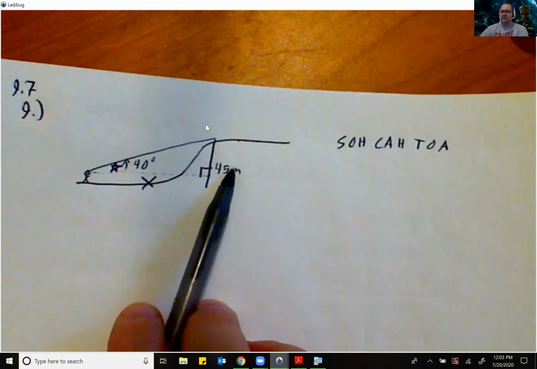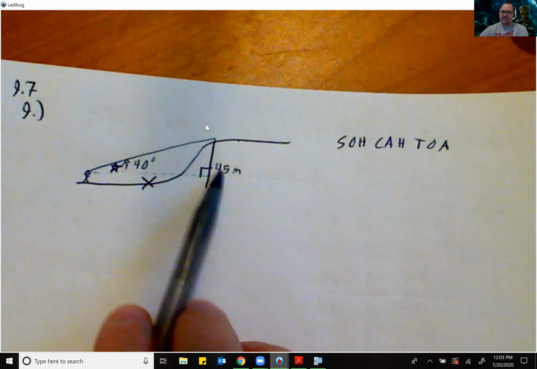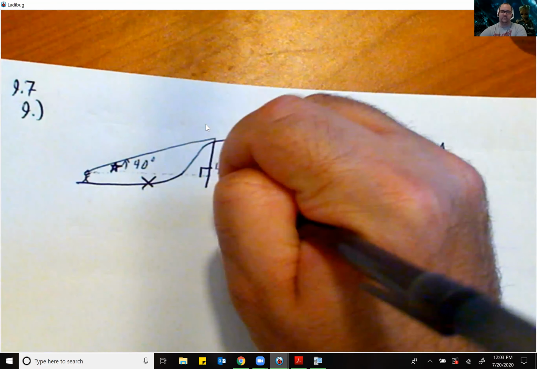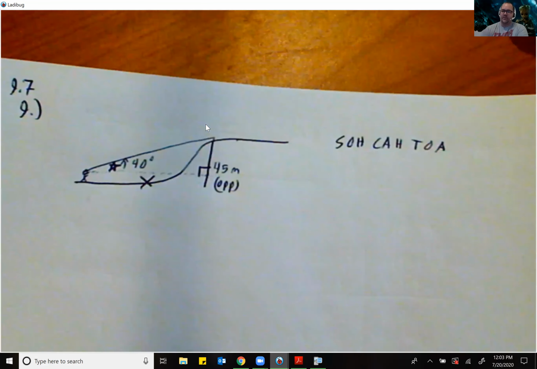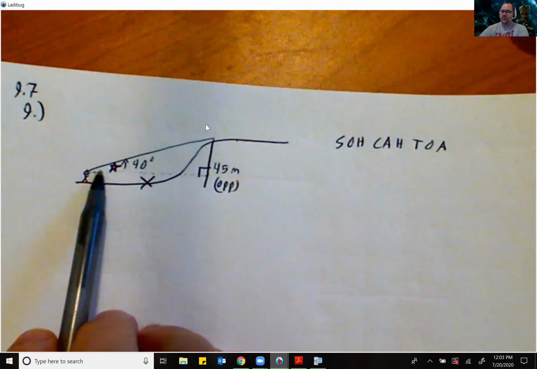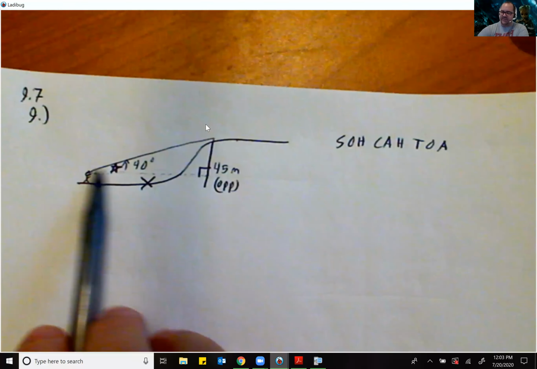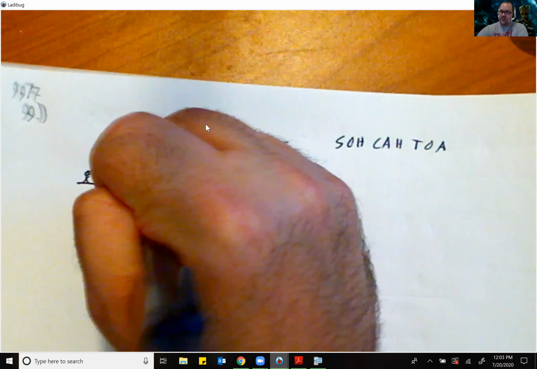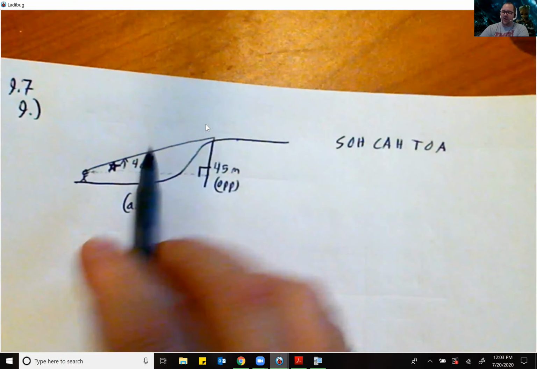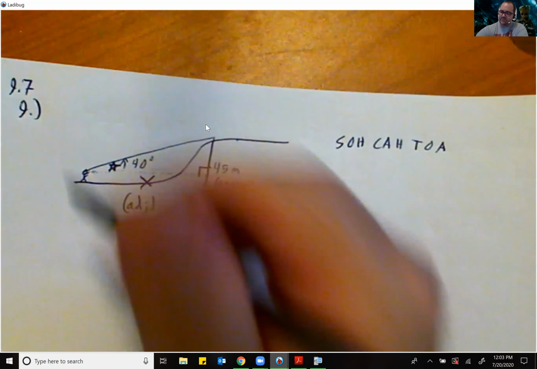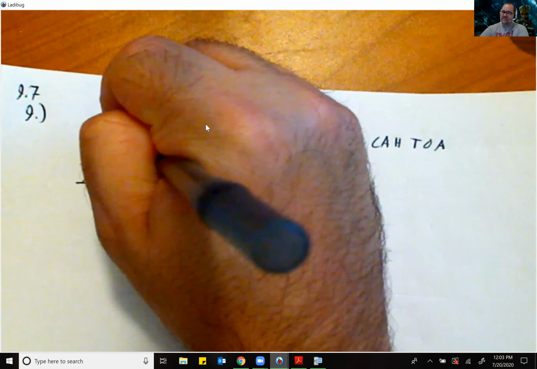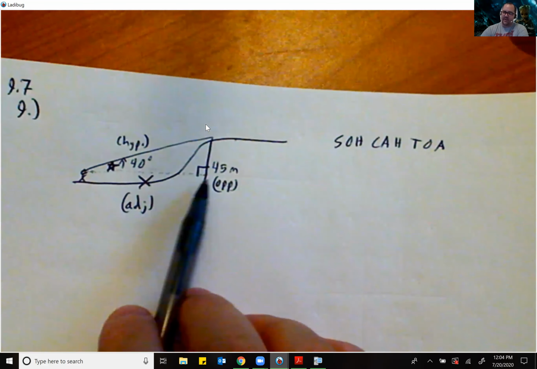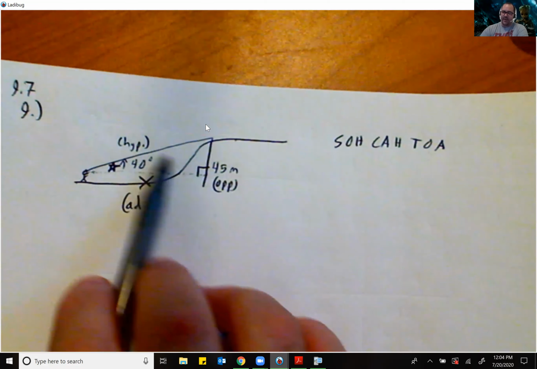Well, this guy has to be the opposite because it is across from my angle. This guy right here along the bottom has to be the adjacent. And then the side that doesn't have anything on it is actually your hypotenuse because it's the longest side. Remember, the longest side, the side across from the 90 degrees, is the hypotenuse.